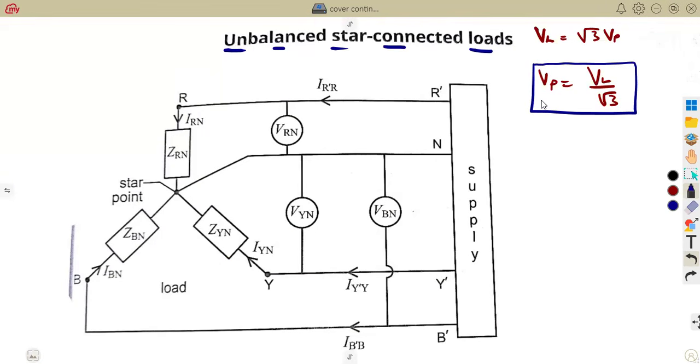Remember, you are dealing with the phase values. You need to understand the relationship between the voltages and the currents: the line current and the phase current are the same. When you are given the phase, you are given the line, and when you are given the line, you are given the phase.